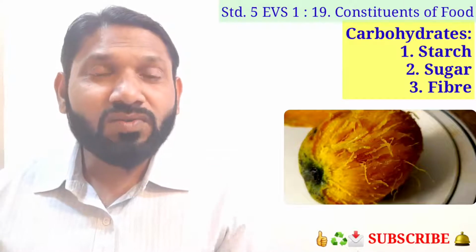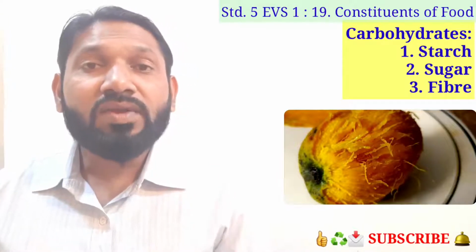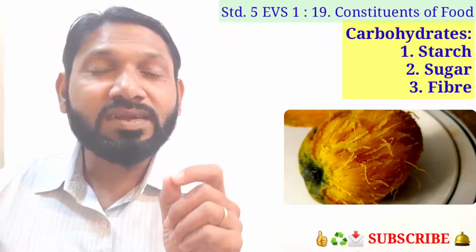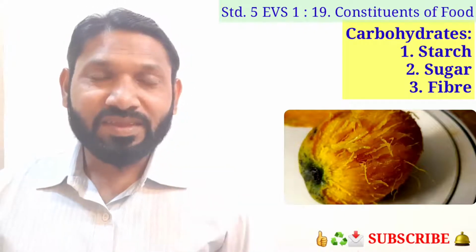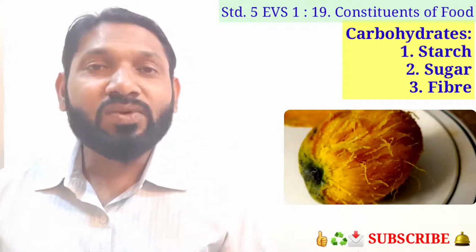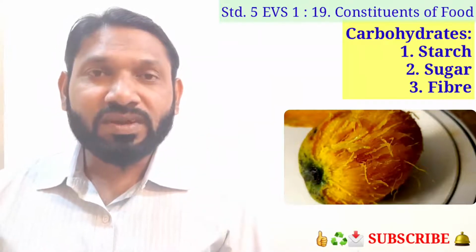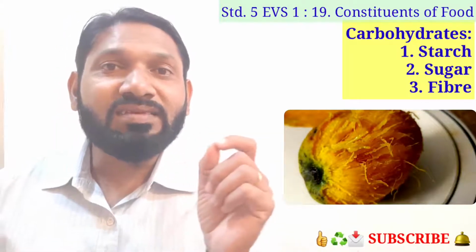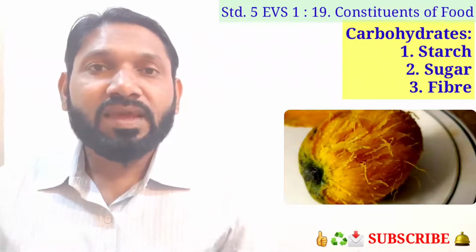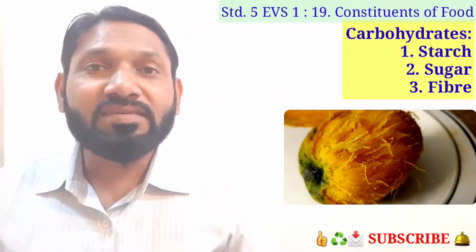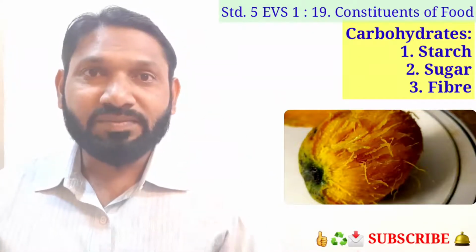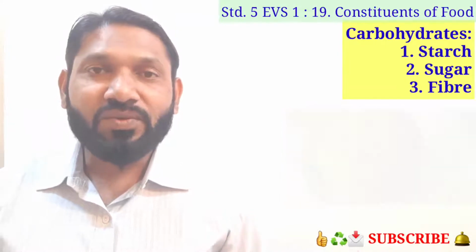What do we call it? Students, let me tell you, that is called roughage, and fiber is a roughage. It means this thread-like substance is fiber. Have you understood? Very good.